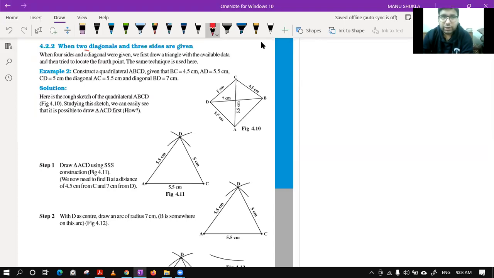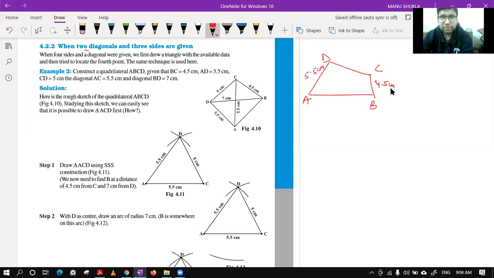Construct a quadrilateral ABCD. Again, draw a rough diagram ABCD for your knowledge, in which BC is given as 4.5 centimeters, AD is given as 5.5 centimeters.